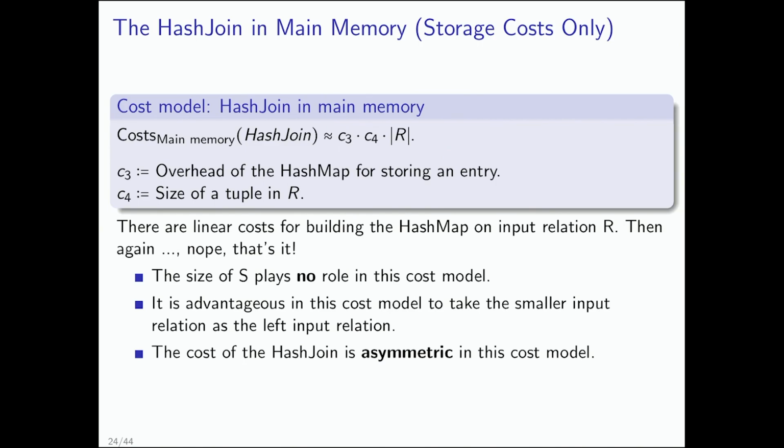This actually leads to, assuming a situation where you join a 1 megabyte relation with 1 exabyte, an easy choice. So the 1 megabyte relation should be the build input. There you create the hash map, and the 1 exabyte at no point has to be loaded into main memory. Only one tuple at a time has to be probed.